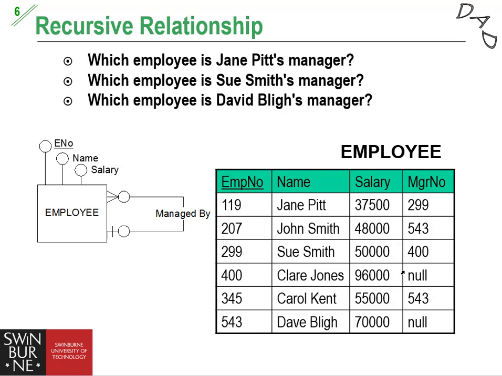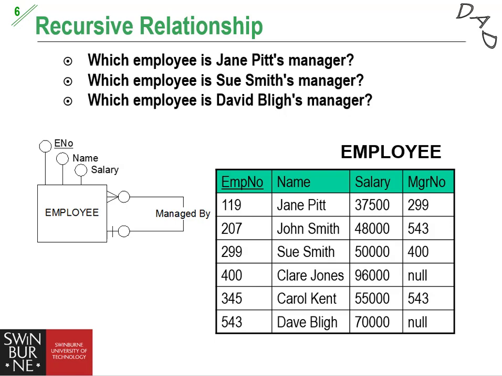So what do we mean by this? Claire Jones probably is on the top of the hierarchy in the organization. She doesn't have any manager at all. So as a rule, you can see the foreign keys can be null. Right.